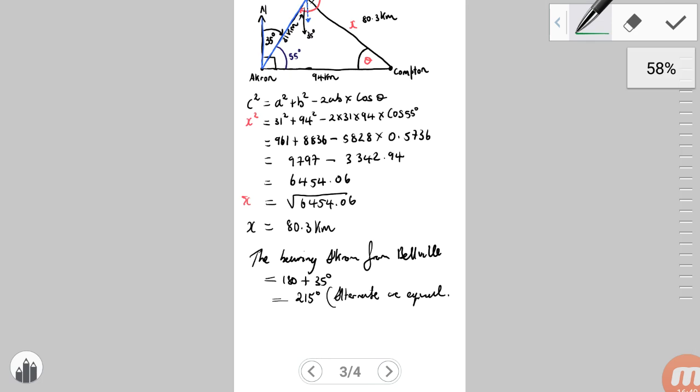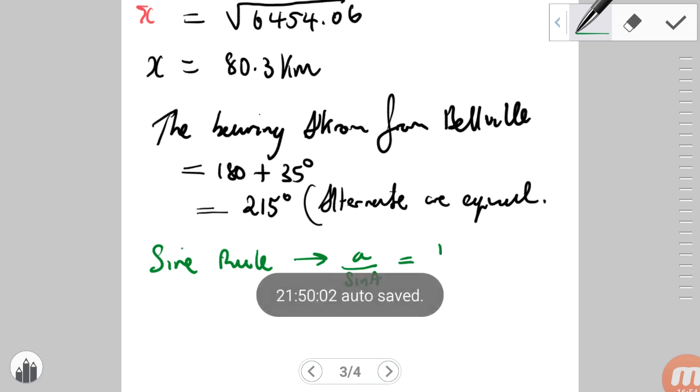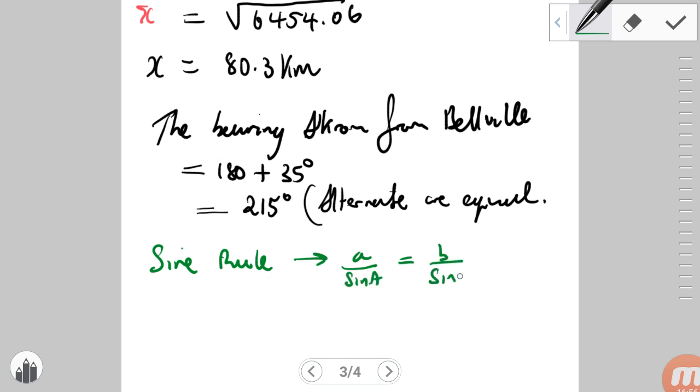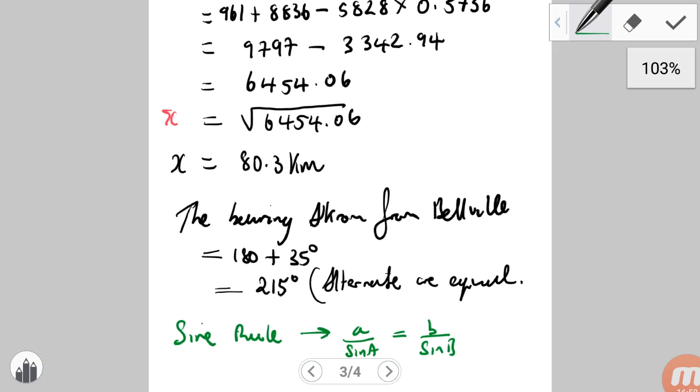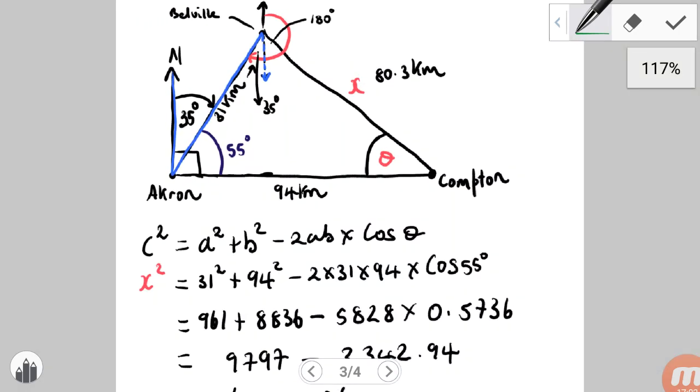The sine rule here is small a divided by sine of big A equals small b divided by sine of big B. So we've got to choose a side to represent our letter a.